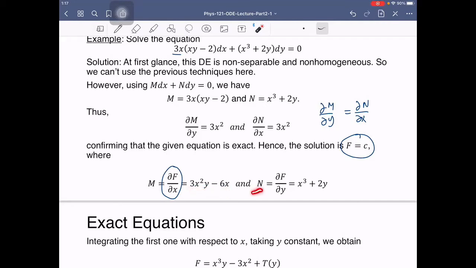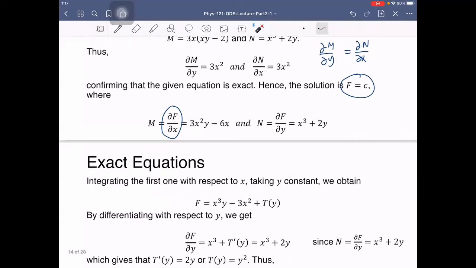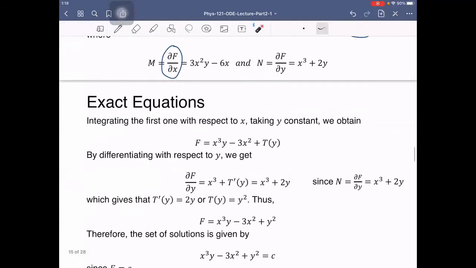And then, yung n natin is partial of f with respect to y, which is equal to x cubed plus 2y. Right? So, we can integrate that. So, para ano, no? So, una, integrate the first one. So, ito, with respect to x, okay? Kasi yung itong f natin, nakadepende sa x. But taking note na yung constant yung y. So, we can have this expression.